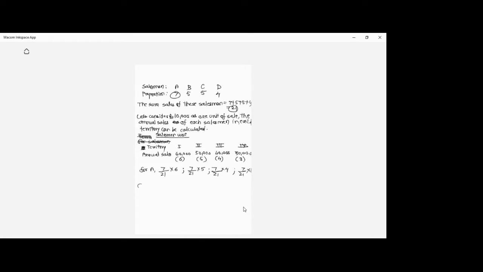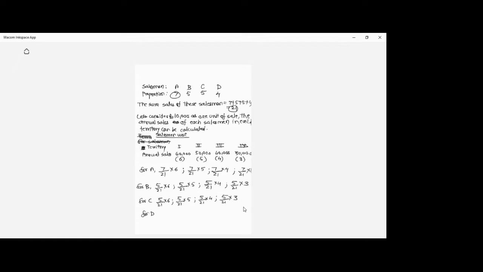Similarly, for B, we can write 5 by 21 into 6 for territory 1, 5 by 21 into 5 for territory 2, 5 by 21 into 4 for territory 3, and 5 by 21 into 3 for territory 4. Similarly, for C, it is again 5 by 21 only: 5 by 21 into 6, 5 by 21 into 5, 5 by 21 into 4, and 5 by 21 into 3.